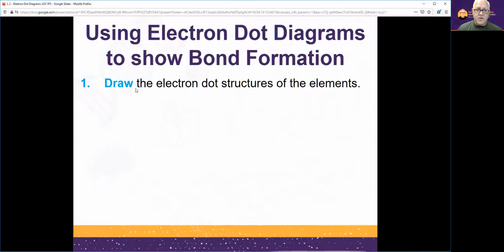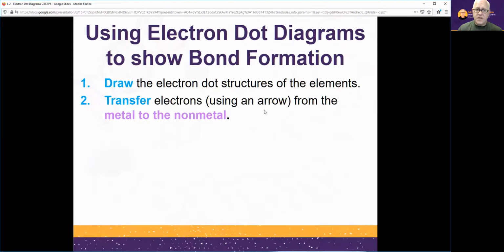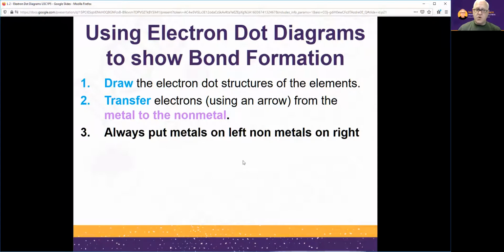So remember, you first draw the electron dot structure for the elements. Then you're going to transfer electrons, drawing an arrow from the metal to the nonmetal. And this is what's going to show the bond formation. You always want to set up the metals on the left and the nonmetals on the right.